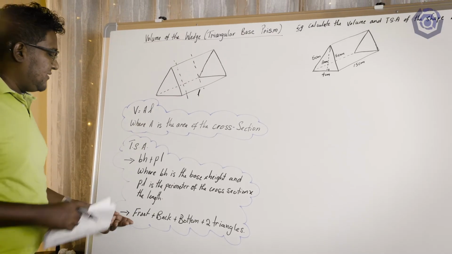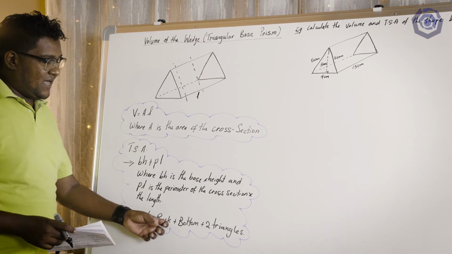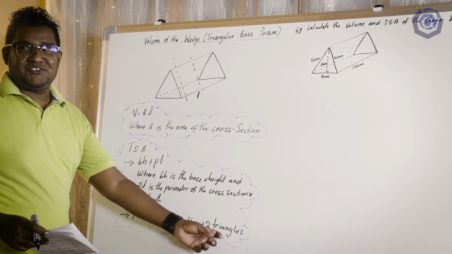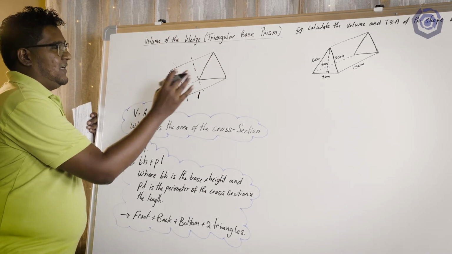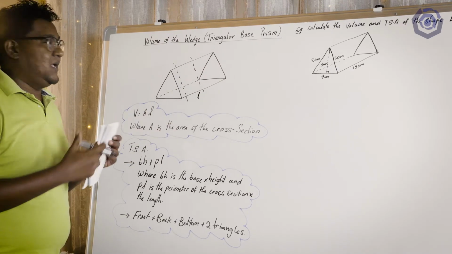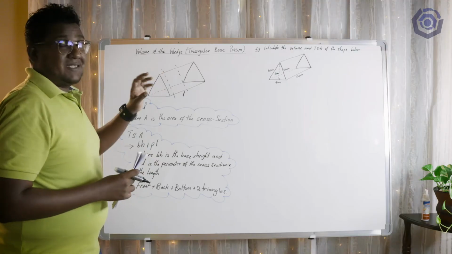And the second method of finding the total surface area is what we call the front plus back plus bottom plus two triangles. If you look at this shape, we have one face here, one at the back and one at the bottom. And our three faces are rectangles.